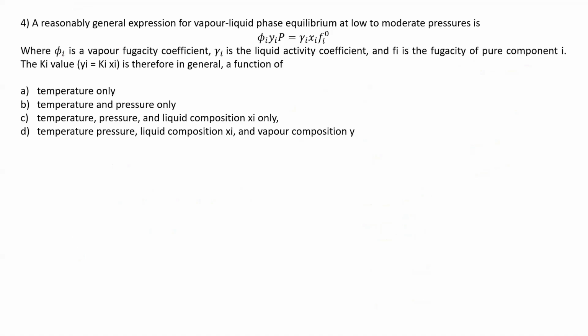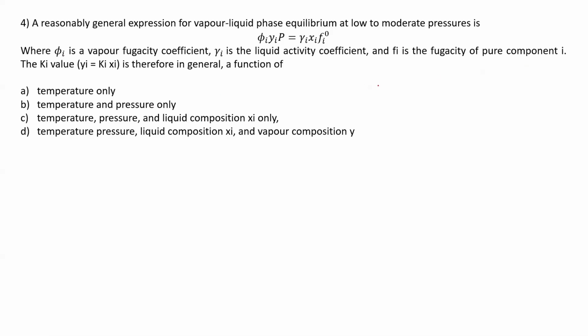The question is, a reasonably general expression for vapor liquid phase equilibrium at low to moderate pressures is phi i yi P is equal to xi gamma i fi naught. This fi naught is the fugacity of the pure species, where phi i is the vapor fugacity coefficient, gamma is the liquid activity coefficient, and fi naught is the fugacity of pure component i. The Ki value is therefore in general a function of what?